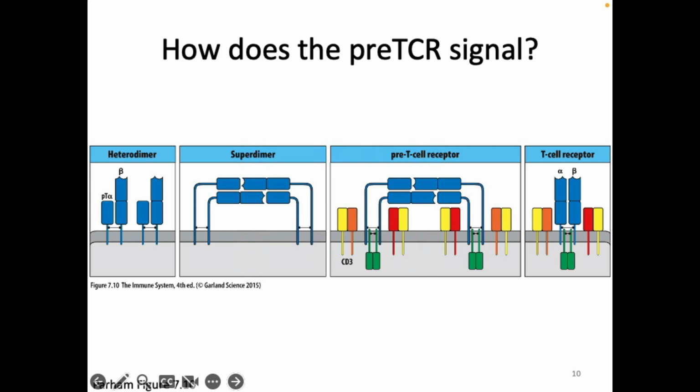And so it seems as though we can actually get a signal if we pull together multiple pre-TCRs, which is only possible with a functional heavy chain protein, because pre-T alpha or PT alpha can bind to the adjacent beta chain, but also it can bind to other beta chains at the antigen binding surface.